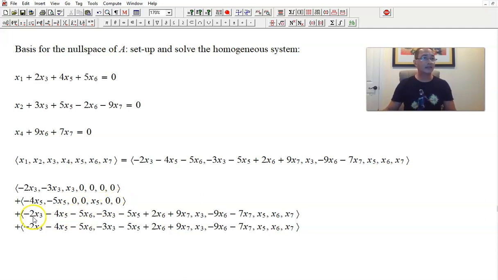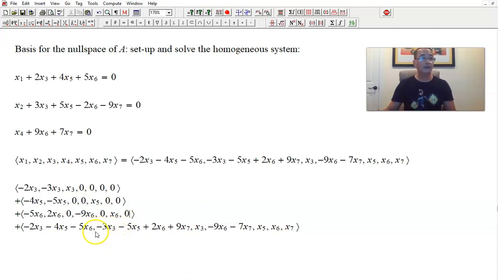Okay, now we want x6 to be by itself. Minus 5x6, 2x6, 9x7 goes away, x3 turns into 0, minus 9x6, that stays, x7 goes away, x5 turns to 0, x6 you stay, x7 goes away.